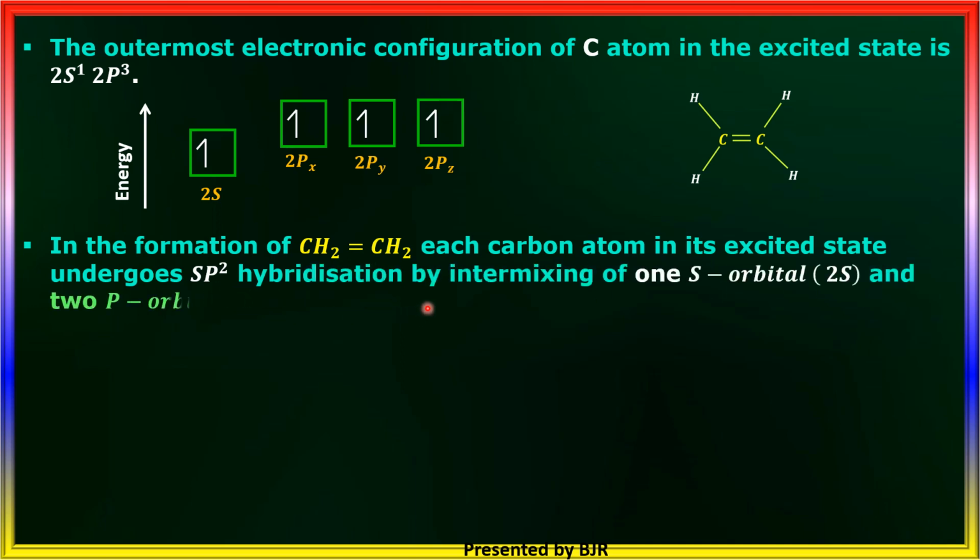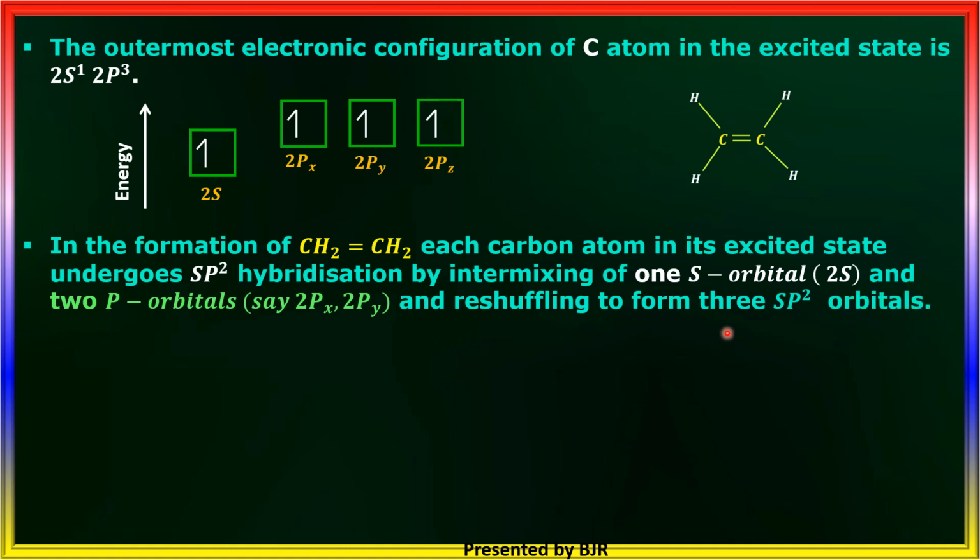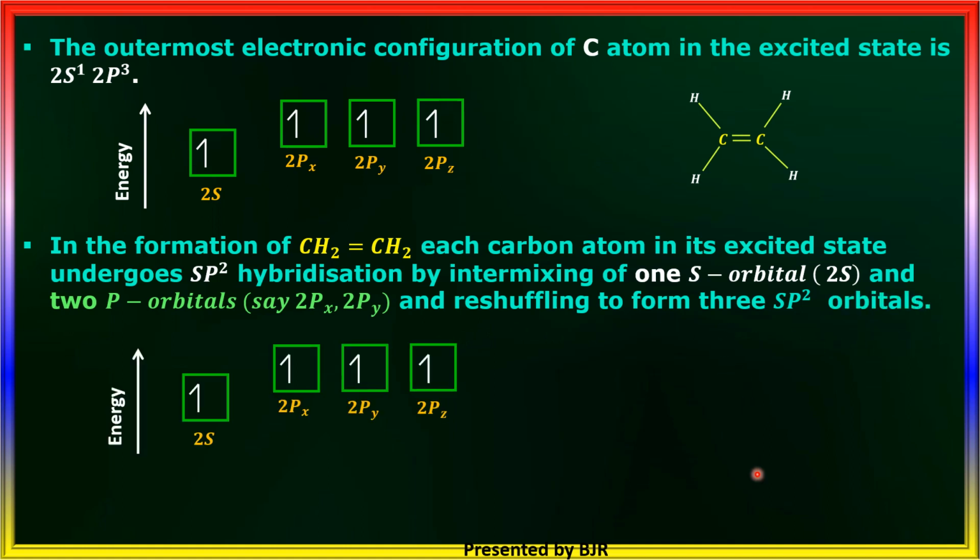sp2 hybridization by intermixing of one s orbital and two p orbitals and reshuffling to form three sp2 orbitals. So you can see here, before formation of the bonds, the central atom carbon in the excited state undergoes sp2 hybridization.